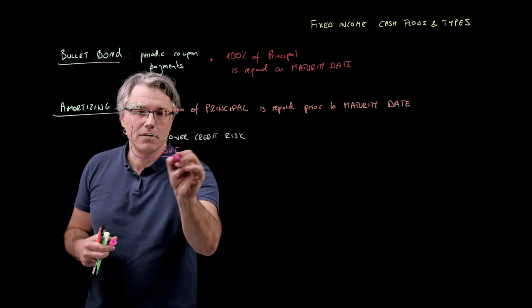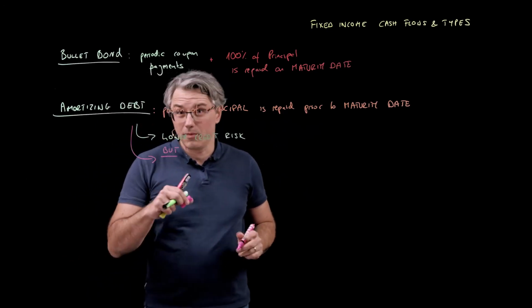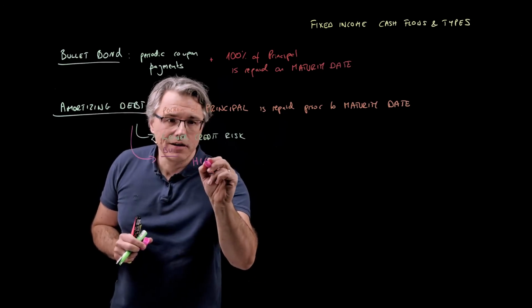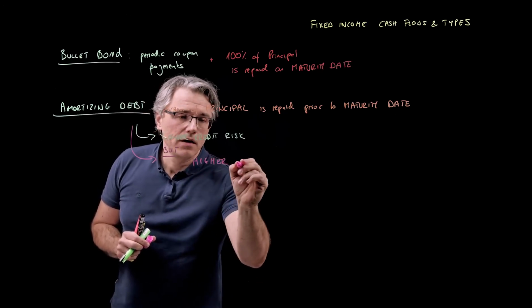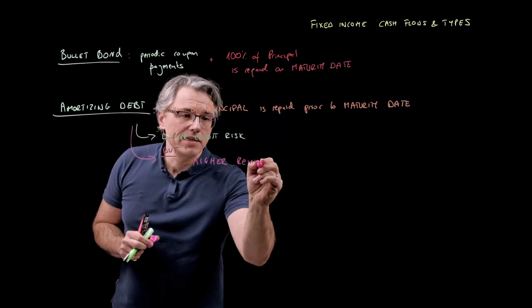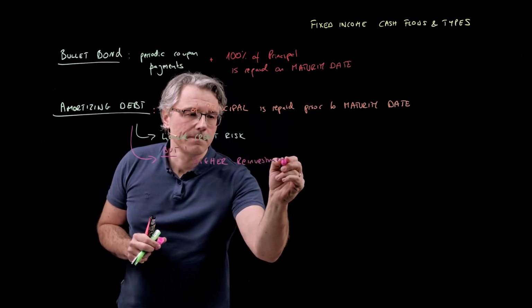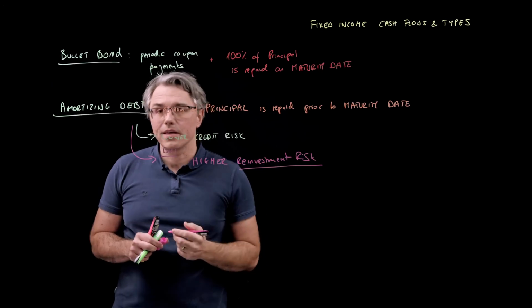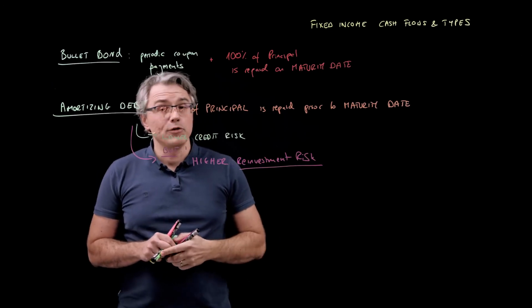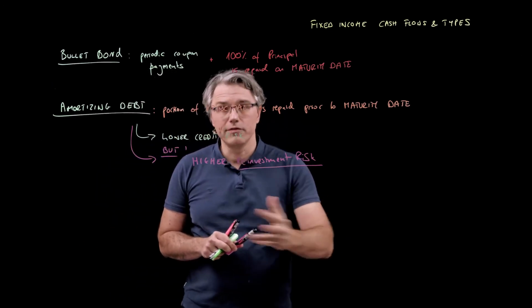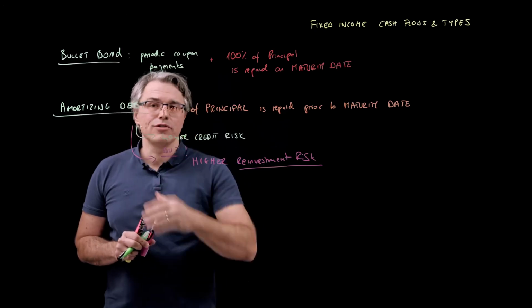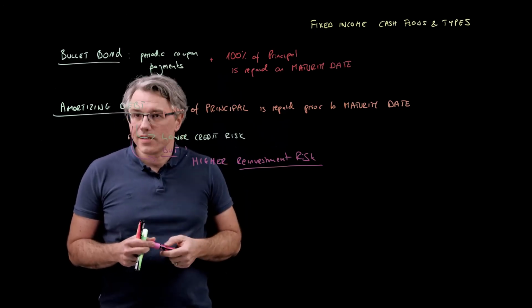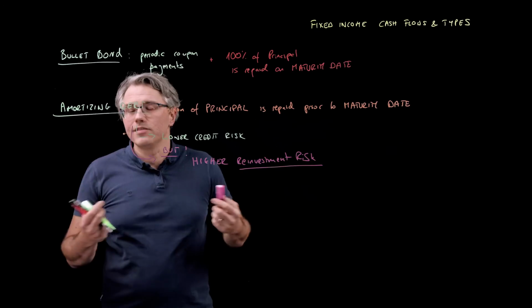But, with an exclamation mark, because this is going to be a negative feature here, a higher level of so-called reinvestment risk, because you are receiving bigger cash flows due to the principal repayments which happen over the life of the bond in an amortizing structure. Those will ideally need to be reinvested, at least in an institutional setting.